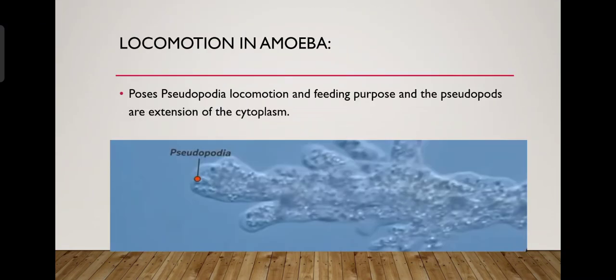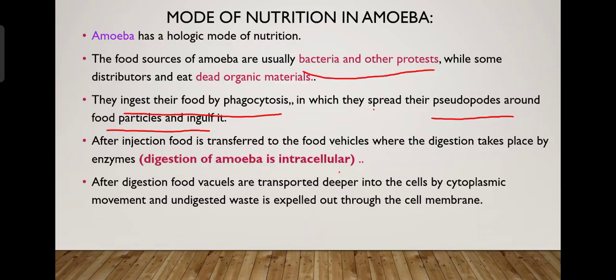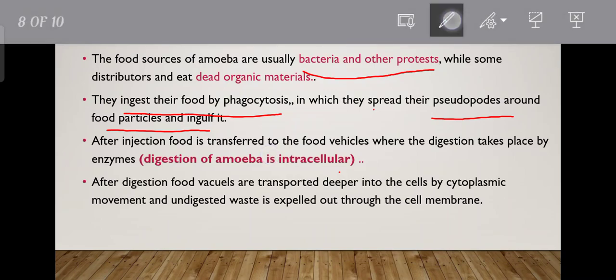Here you can see these are the pseudopodia by which the amoeba engulfs its food. So, after the ingestion of the food, it is transferred to the food vacuoles, where the digestion takes place by the enzymes.